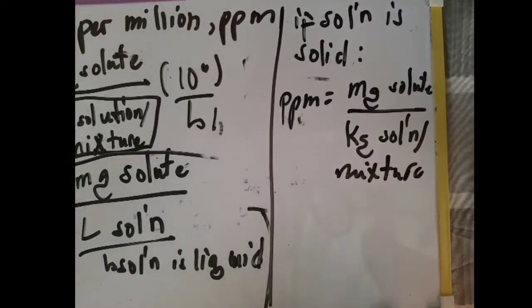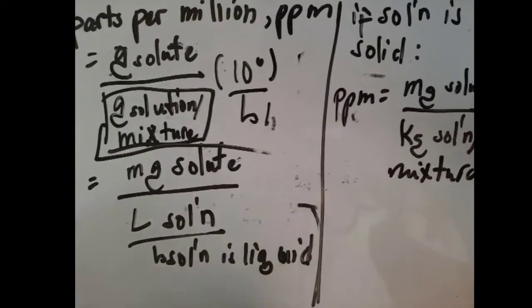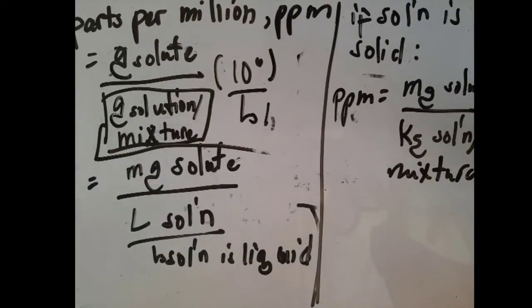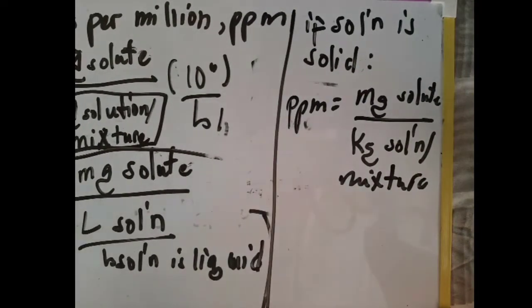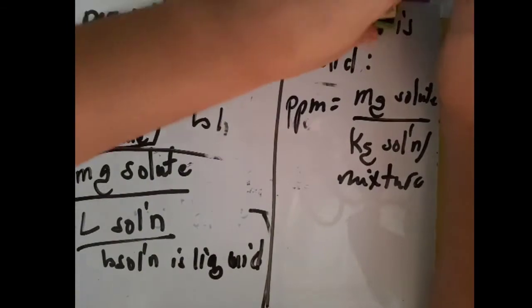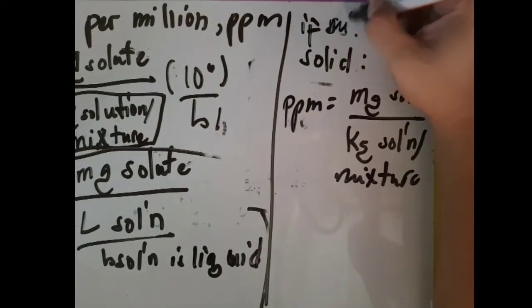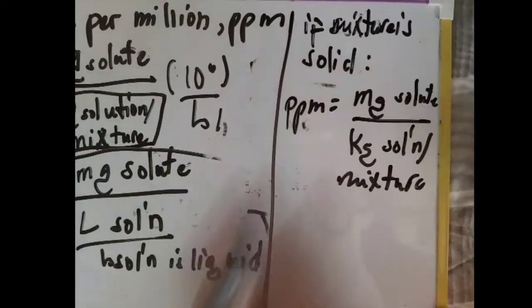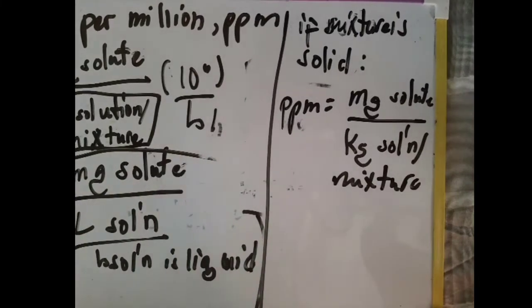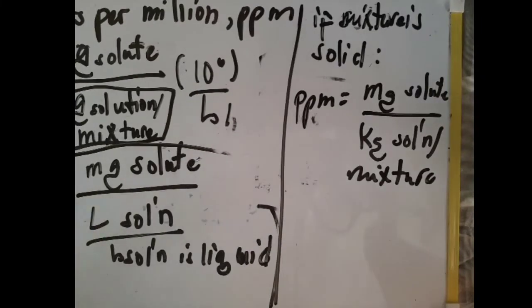That can also be expressed that way. So, remember, if your mixture is liquid, like a solution, it's milligrams per liter. If your mixture or sample is solid, then ppm can be expressed as milligrams of solute per kilogram of solution or mixture.